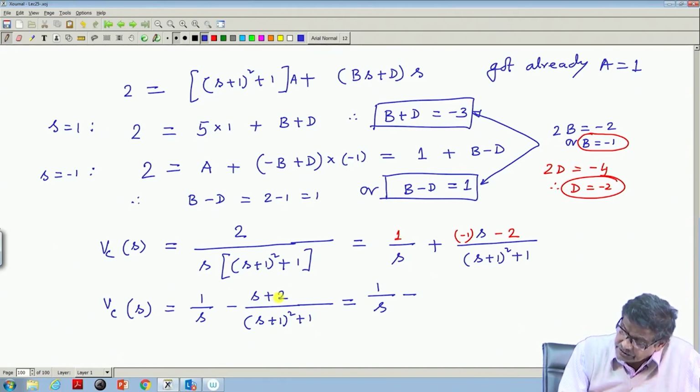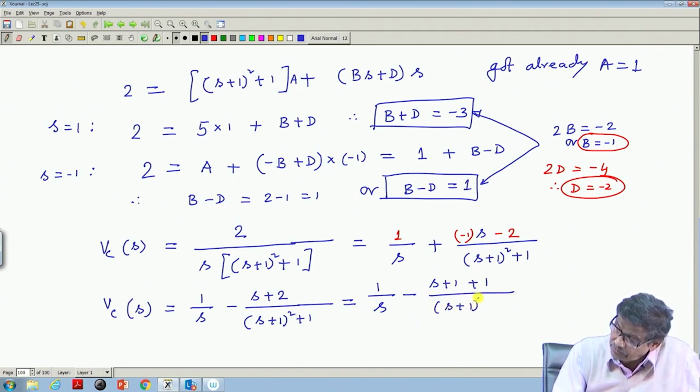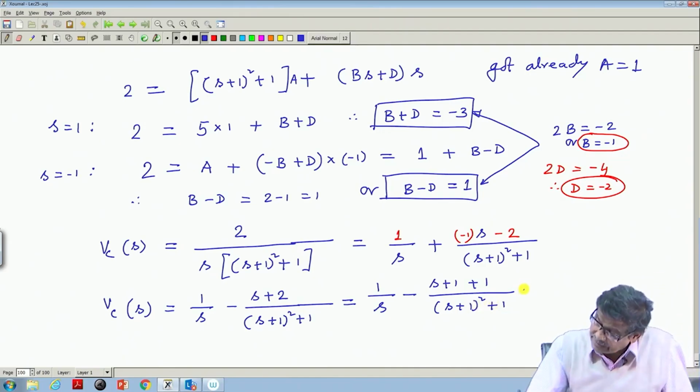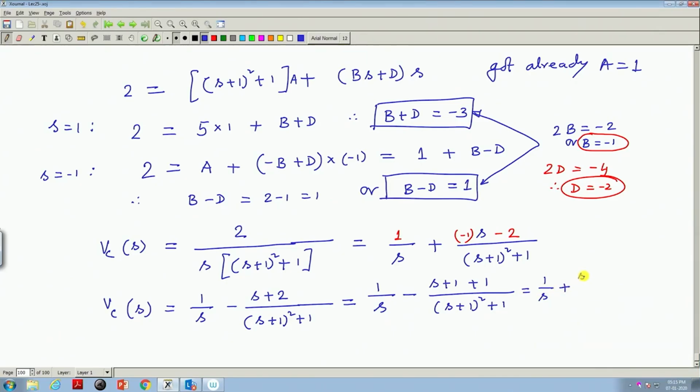So, this thing only, you see, this numerator should be written as S plus 1 by S plus 1 whole square plus 1 square. Then this can be written as 1 over S plus S plus 1 divided by S plus 1 whole square plus 1, and then plus 1 over, that is, you group this, 1 over S plus 1 whole square plus 1.